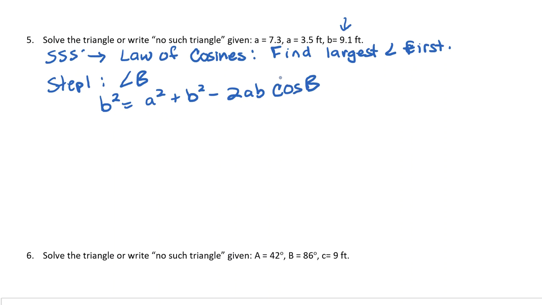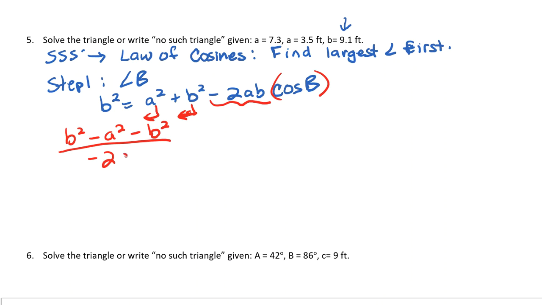We are going to try to solve it for this cosine of B. So I'm going to subtract these two terms to the other side. And you've seen this enough now that I think you should be able to do this in one step. And then can we divide by this coefficient of cosine? You can do that in two separate steps if you wish, but I think it's worth being able to very quickly rearrange that law of cosines.